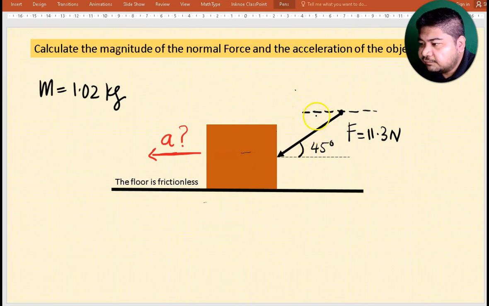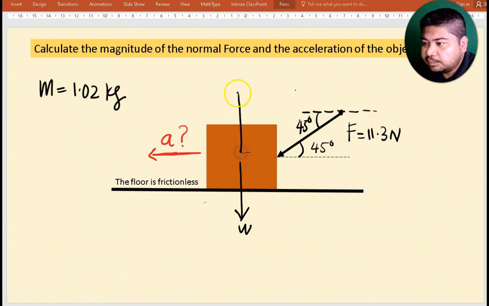Because this is 45, this angle is also 45 degrees. Then we need to draw the weight. The weight is always acting straight down, so this is the weight, and the normal is always perpendicular to the plane, so this is the normal.